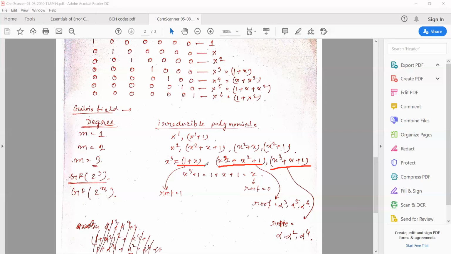This 1 plus x is the minimal polynomial of GF 2 to the power 3, and the element is 1. Element means it's a root.